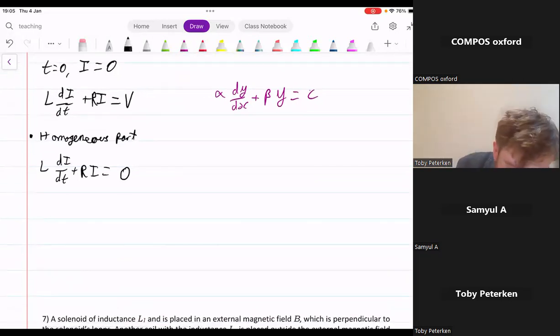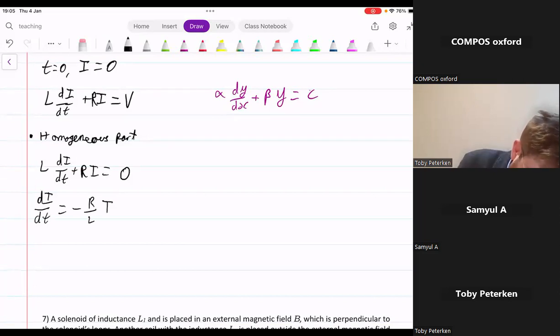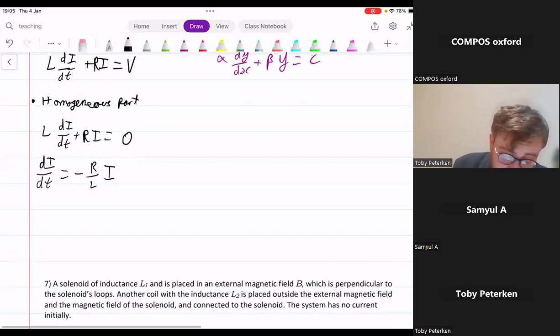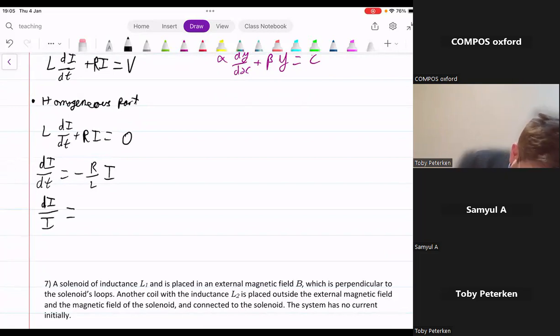We can move this Ri to the other side. So we have di by dt equals minus R over L times I, which we can now divide by I. So we have di over I equals minus R over L dt.